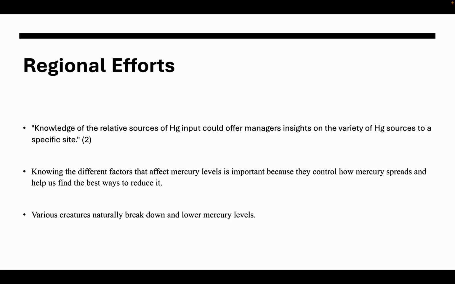So understanding that each region will require a different approach to limiting the levels, knowing the different factors that will limit mercury levels, and trying to control how it spreads to find the best way to reduce it. There are various creatures that will naturally break down and contain some of the mercury to lower levels around.